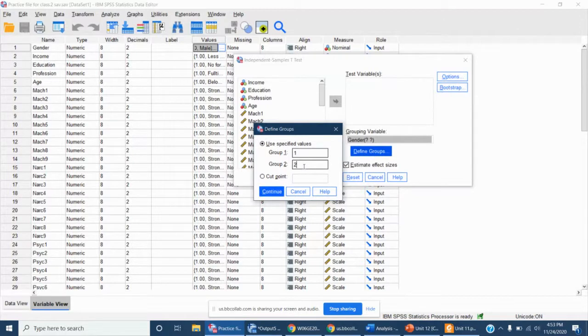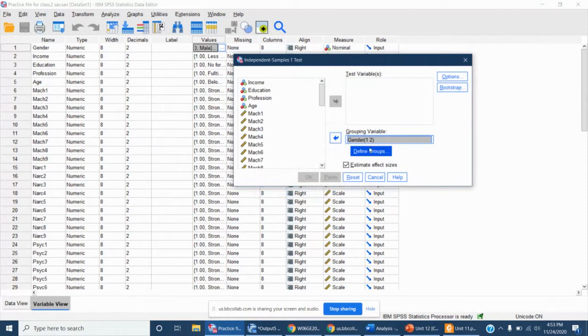That's it. We have used the numbers 1 and 2 instead of numbers like 0 and 1, or 2 and 3. It is just a simple classification, so we have defined our groups by the numbers 1 and 2.